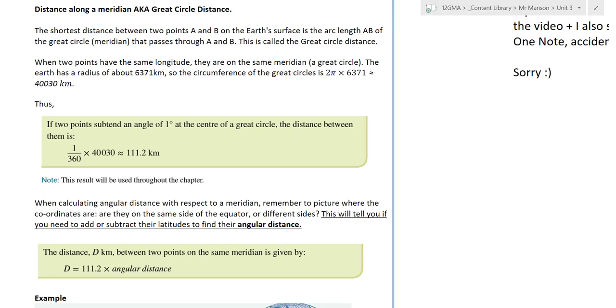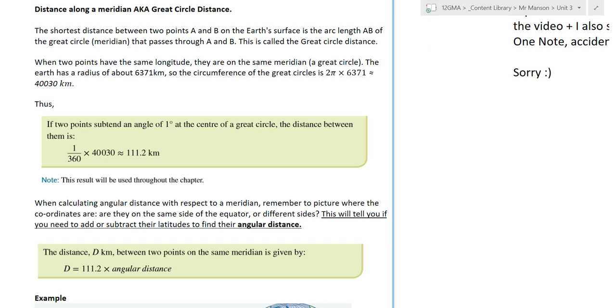So that's that ratio, and this becomes really important because this is a question that can easily pop up in an exam. If I say Sydney is on the line of longitude, I think it's about 157, and let's say a city on the west coast of Australia at a similar height to Sydney, maybe Perth.